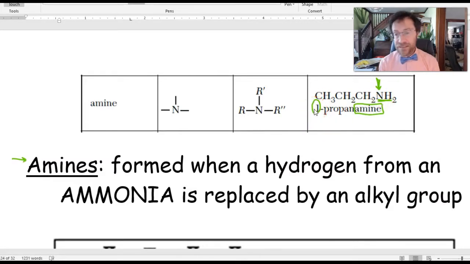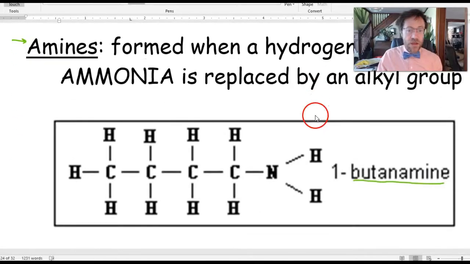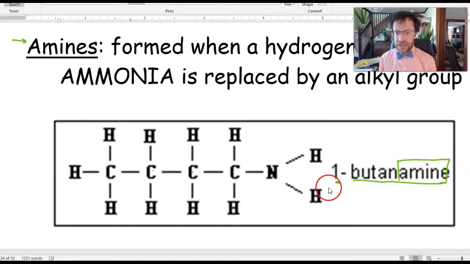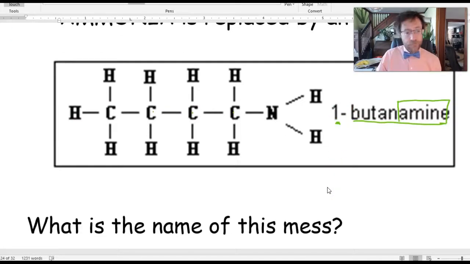It is a little bit weird because it's an amine. It doesn't follow the exact same pattern. So it just ends as amine. So here, meth, eth, prop, but. You take butane and then you change the ending to amine, and then indicate where. You understand what I'm saying?